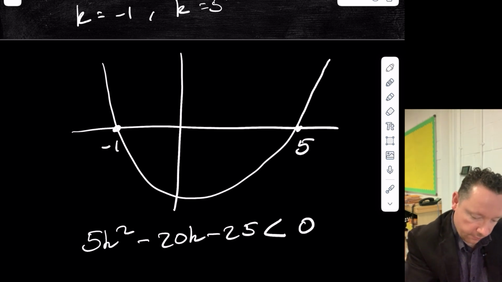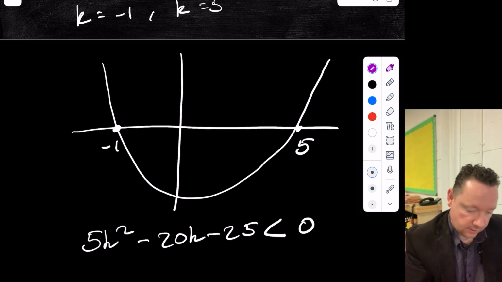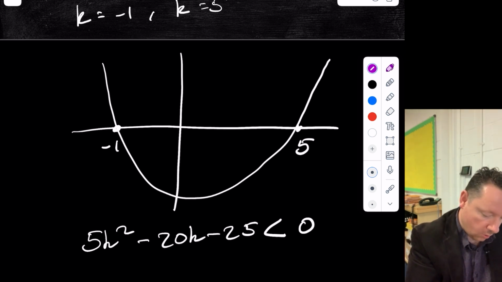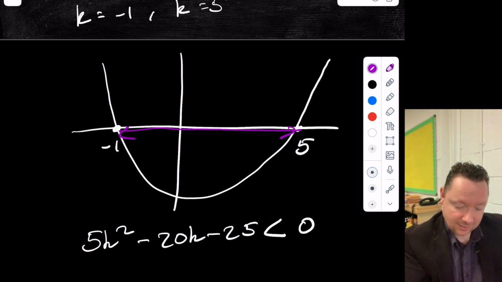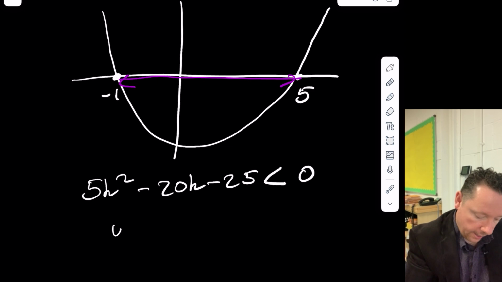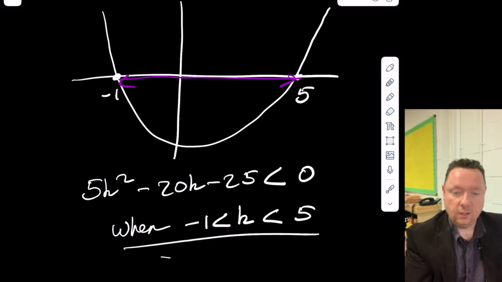If I just draw this in a different colour, it's less than 0 when it's below the x-axis. So it's below the x-axis in between these 2 points. So that happens when minus 1 is less than k, which is less than 5, and we're done there.